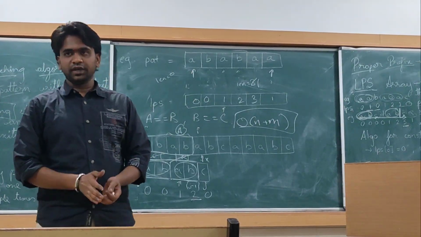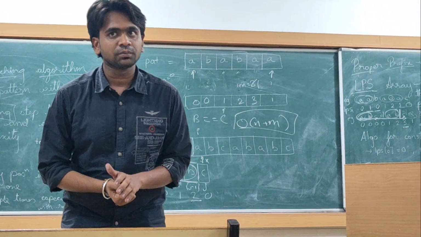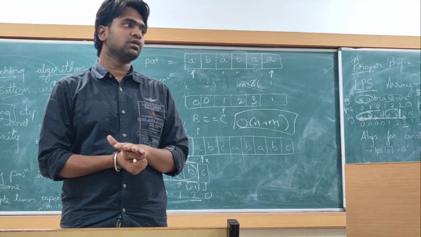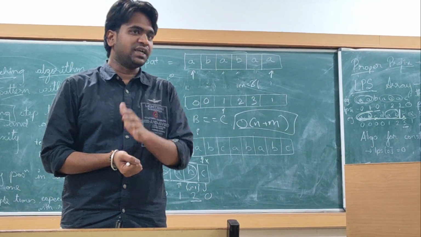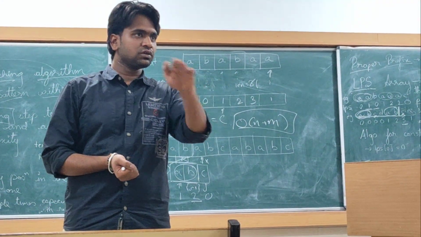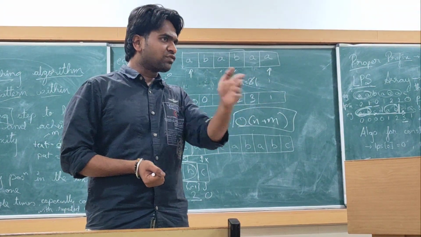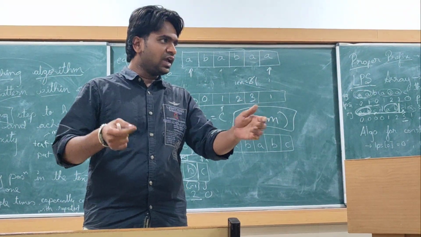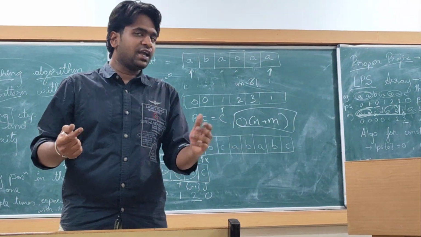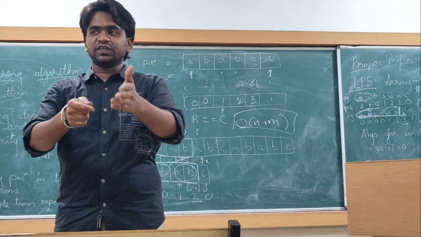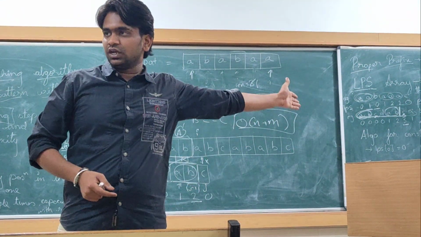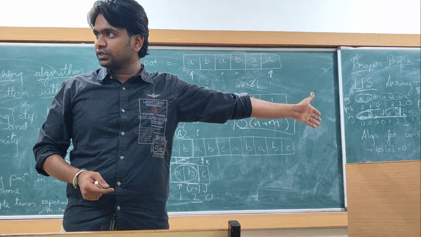Very clear? KMP, pattern matching algorithm. You pre-process what? Data or pattern? Data is text. You pre-process the pattern. In the pattern, what do you create? An LPS array of the same size as the pattern. LPS of 0 you store as 0. LPS is what? Longest prefix which is also a suffix. We did see its algorithm. How do you do it?